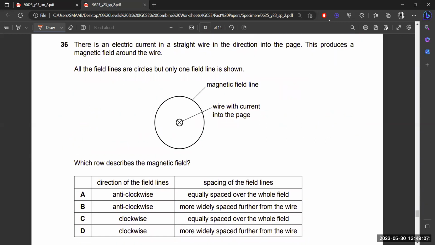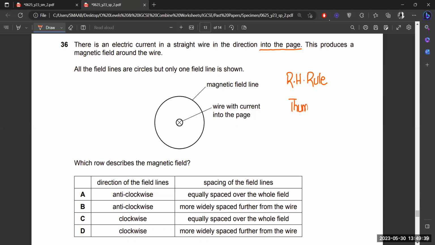Question 36. There is an electric current in a straight wire in the direction into the page. This produces a magnetic field around the wire. All the fields are circles, but only one field line is shown. You need to first find the direction, so we use the right hand rule, related to the thumb and the curl of the fingers. The thumb represents the direction of current.